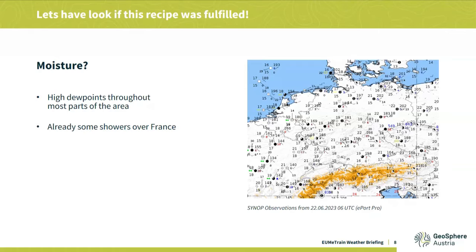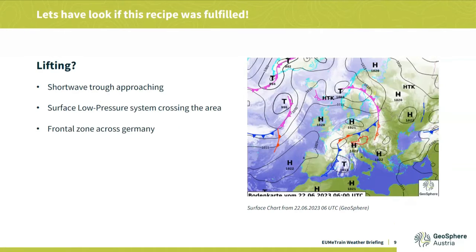We're going to take a look now. No, it's not working. Yeah. So this is the surface chart. And you can see we have this low pressure system, and the surface low located over France. So this is about the lifting mechanism then. So we have a synoptic scale lifting mechanism.